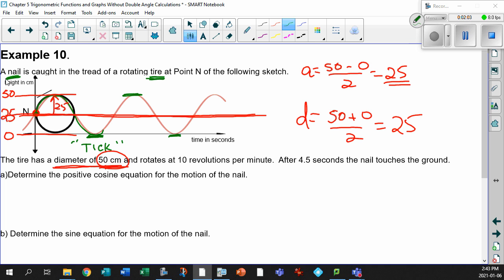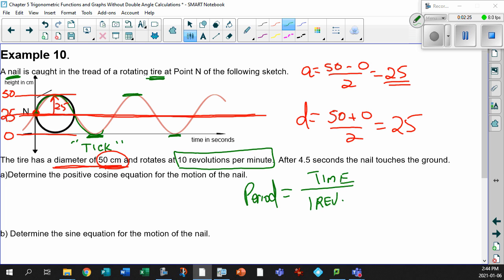Wouldn't it be great to figure out the period? Well, here's the problem. I'm telling you that this revolves 10 revolutions per minute. When you're thinking about period, think about period as how much time for one revolution. Think about that. That's what period actually means.